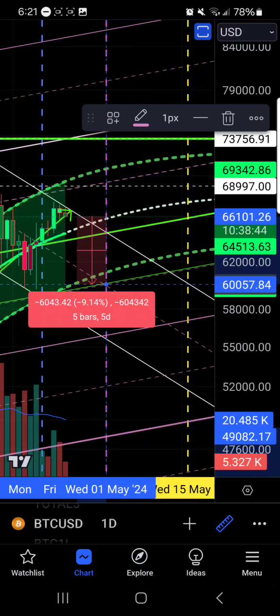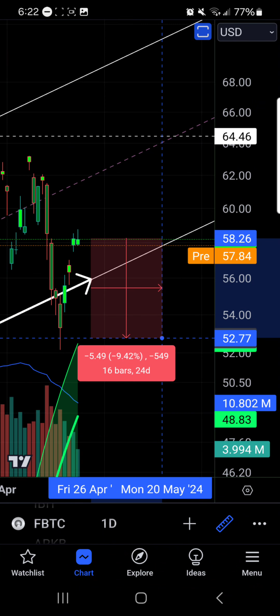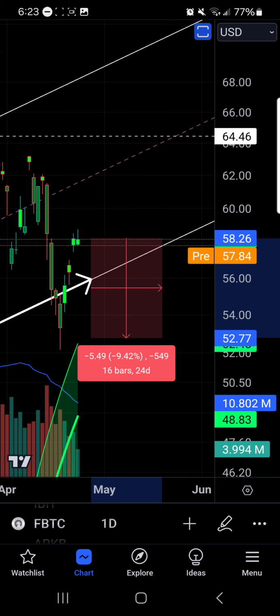Let's go look at FBTC again. So remember, we're talking about a 9% or a 15% move from current action. So here we are on the FBTC chart on the daily time frame, and I pulled about a 9% move from where we're currently at. And as you can see, that gets us to 52.